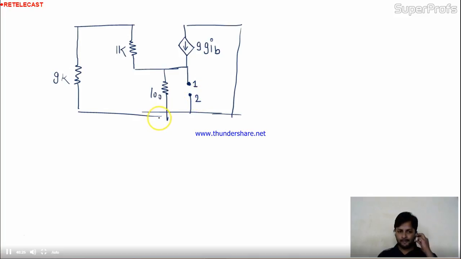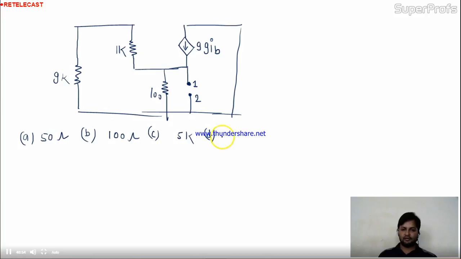And they are saying, the impedance looking into nodes 1 and 2 in the given circuit. Here they are saying the impedance looking in 1 and 2, and our options are given here: A 50 ohm, B 100 ohm, C 5K, and D 10.1K.